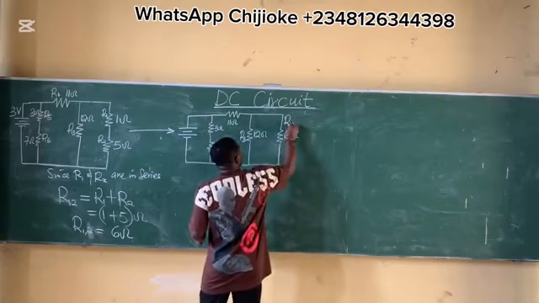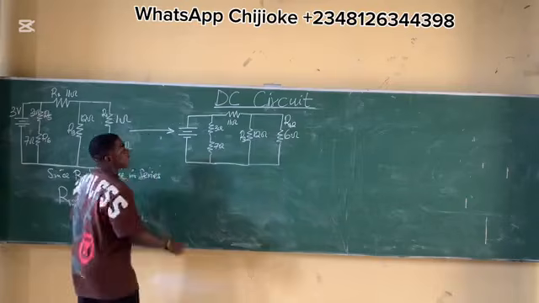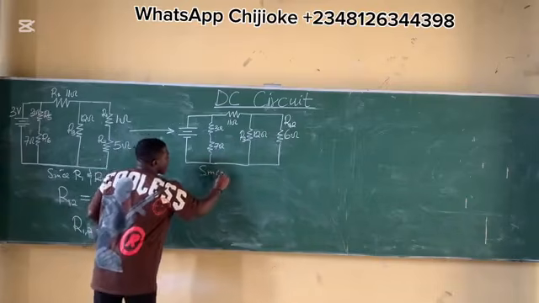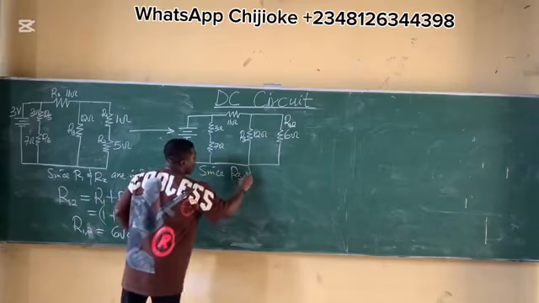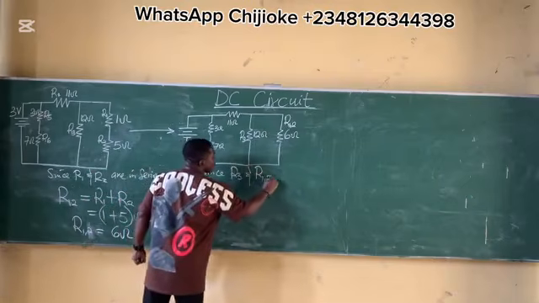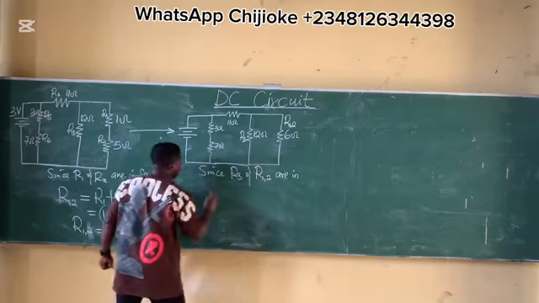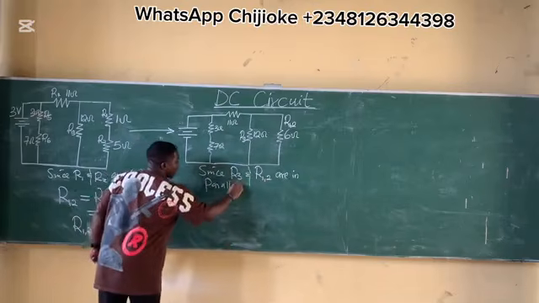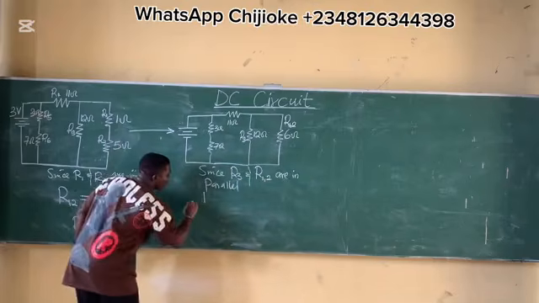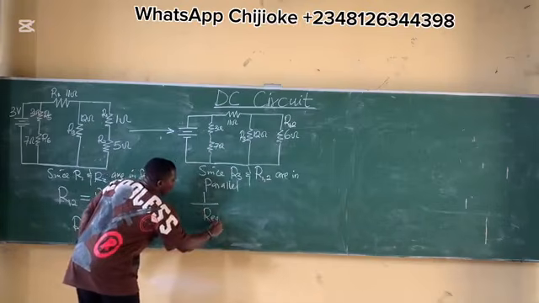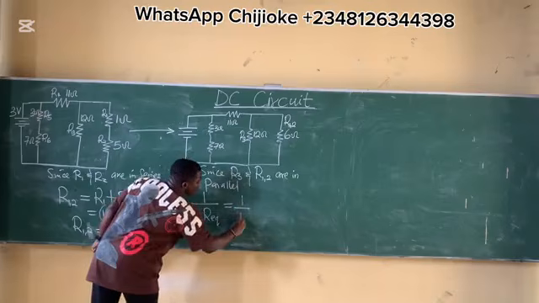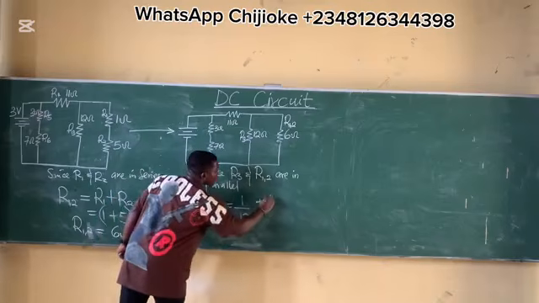Since R3 and R1,2 are in parallel, the equivalent resistance is given by 1 over R equivalent equals 1 over 12 plus 1 over 6.